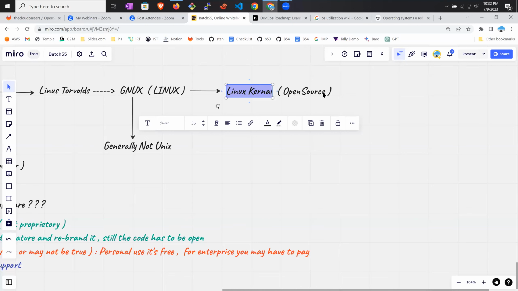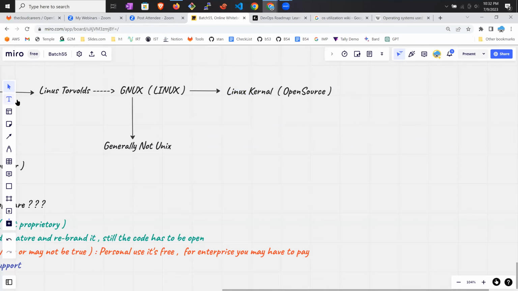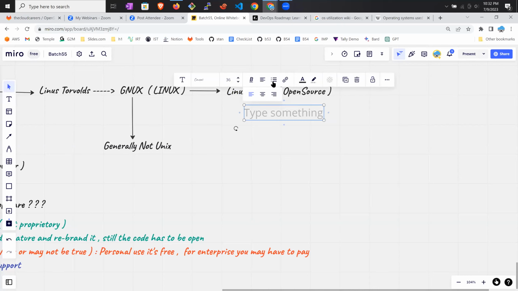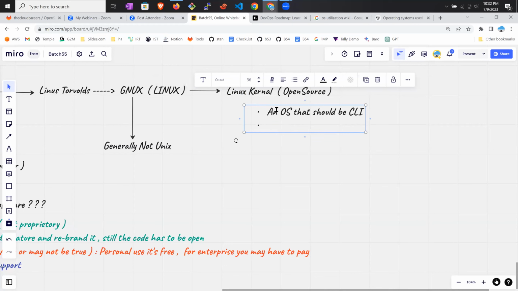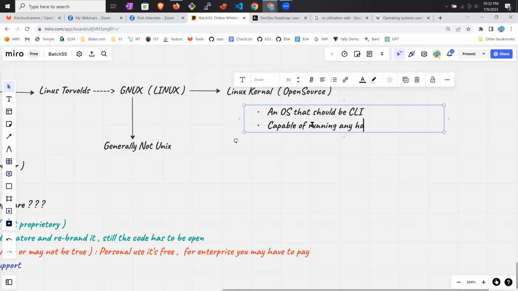Keeping the open source context in mind, his goal was very simple. He wanted to develop an OS that should be CLI, that should be capable of running on any hardware, and 100% open source.